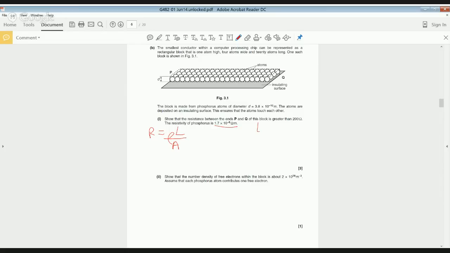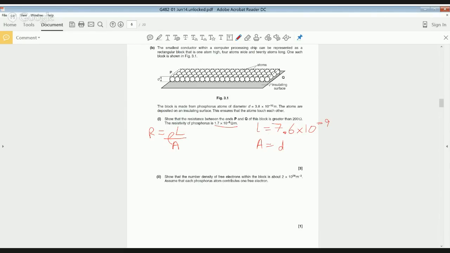So our length here is d multiplied by 20, and we know that d is 3.8 times 10 to the minus 10 meters. So actually this comes out at 7.6 multiplied by 10 to the power of minus 9 meters. That's simply d times 20. Our cross-sectional area is going to be this dimension here multiplied by this dimension here. So the height here is d.